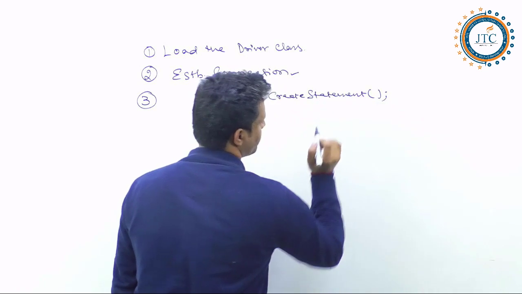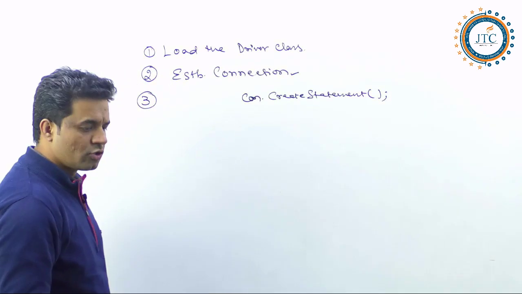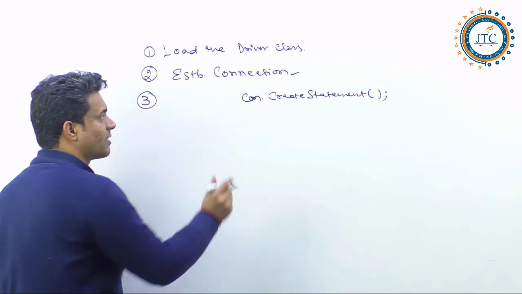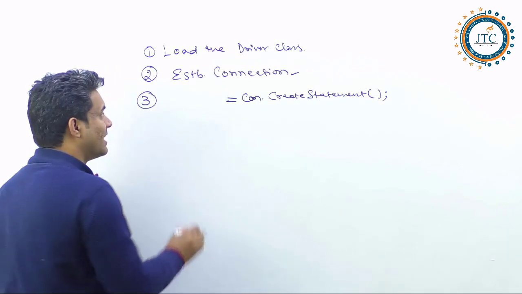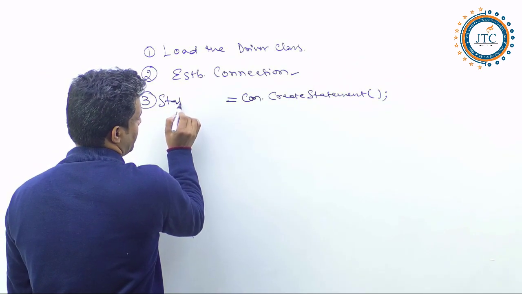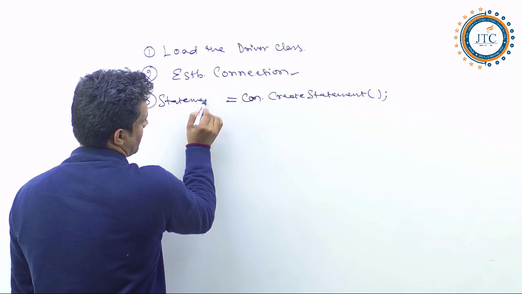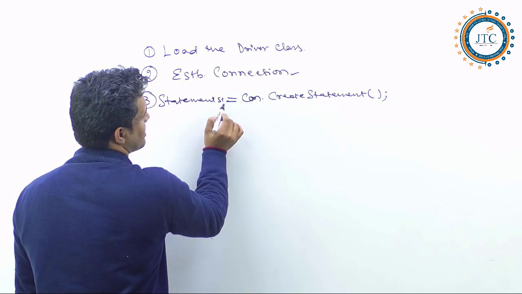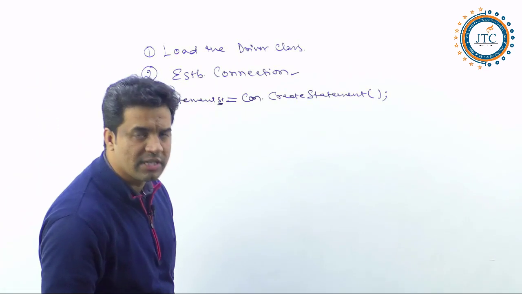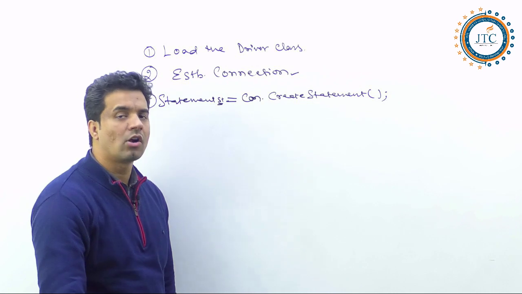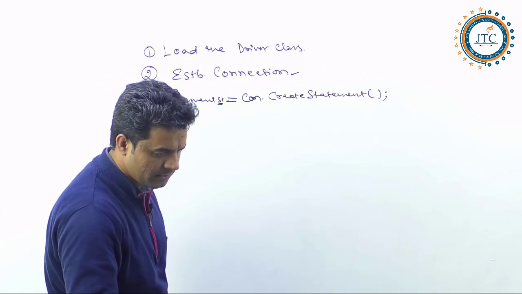We were writing con.createStatement, which was returning a statement type of object, and inside this we were storing it in Statement st. It was returning the statement type of object with the help of con.createStatement.